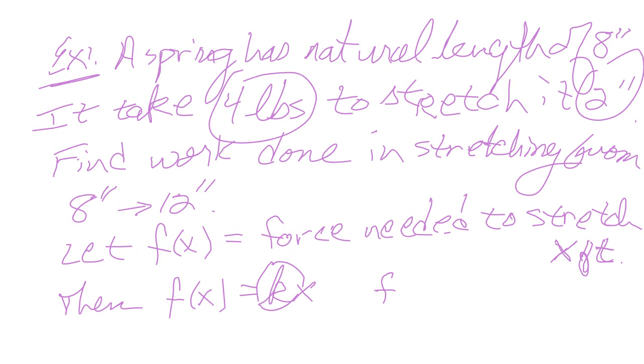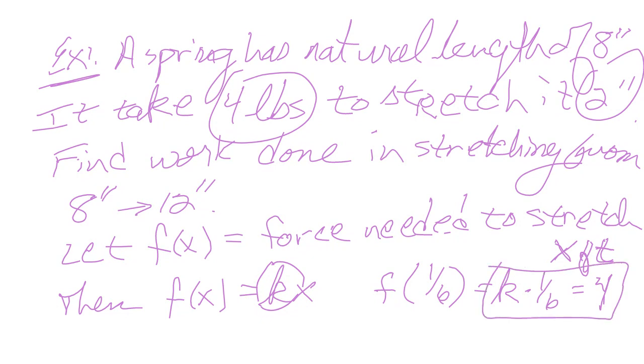Well, 2 inches as a foot, make that feet, 1/6. So F evaluated at 1/6 of a foot is going to be K times X, which is 1/6, right? And of course, what's it equal? What is F of 1/6? 4 pounds. Okay. So the force is 4 pounds for that 2 inches. So that's K times 1/6.